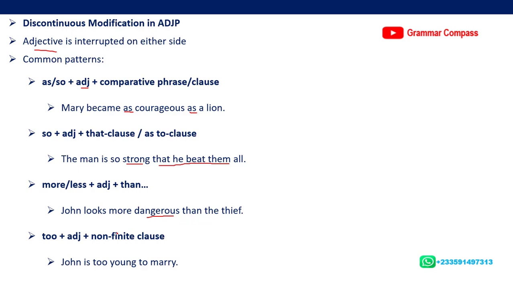Another structure is too plus the adjective followed by a non-finite clause. So for example, John is too young to marry. So here too comes before the adjective head, and then to marry, which is a to-infinitive, a non-finite clause, comes after young, an instance of discontinuous modification.